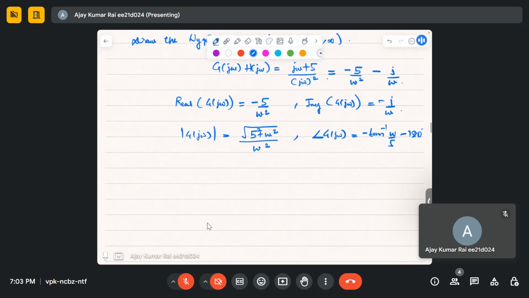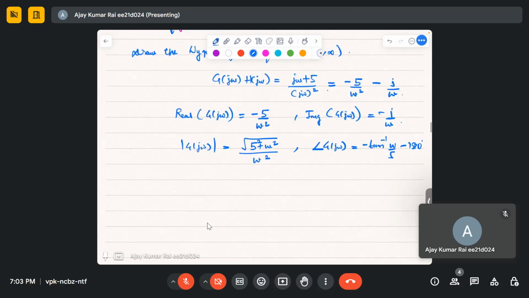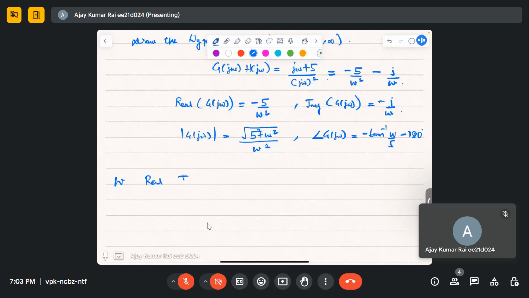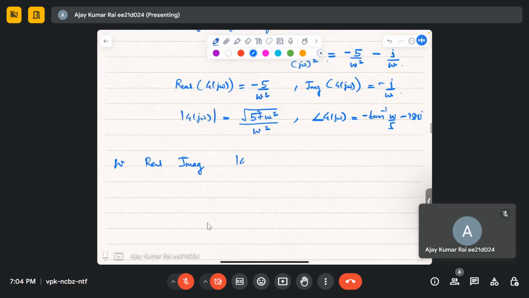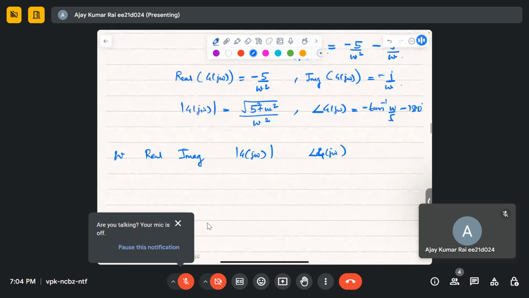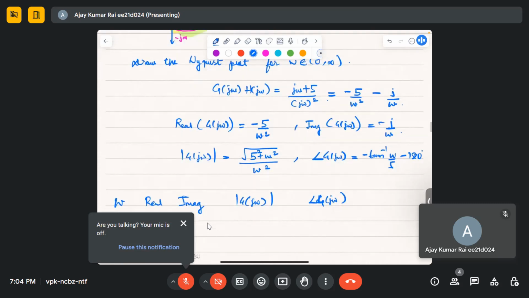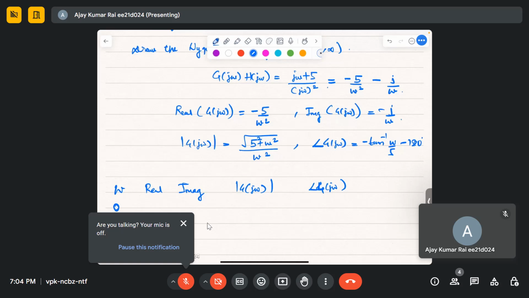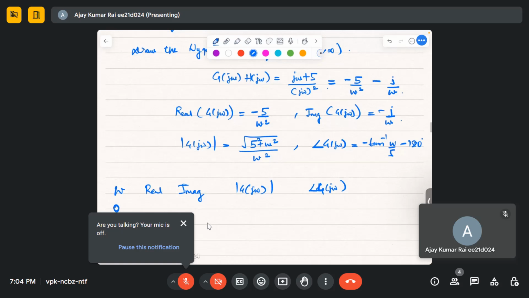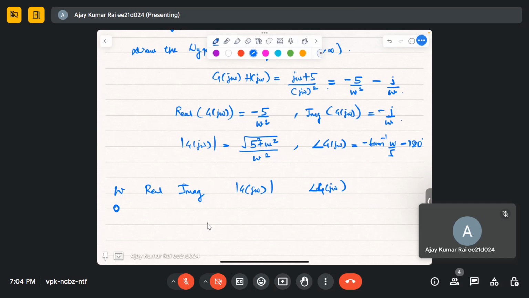Okay. So let's draw for omega: real part, imaginary part, and then we need the magnitude and the angle. For omega equal to 0, what can we say about the real part? 5 by 0 square, right? 5 by 0 is like what?